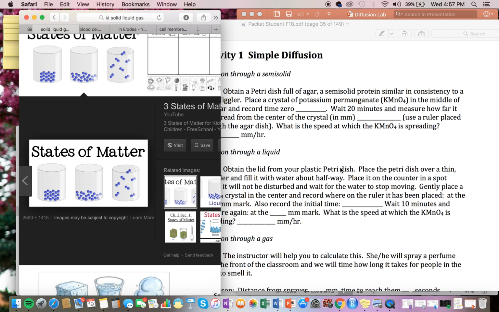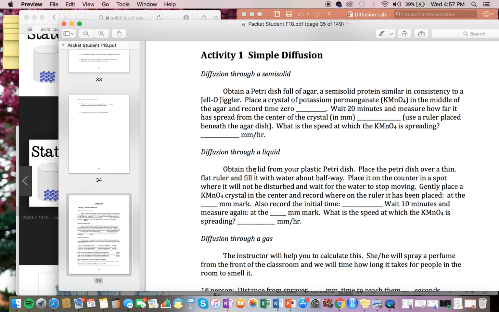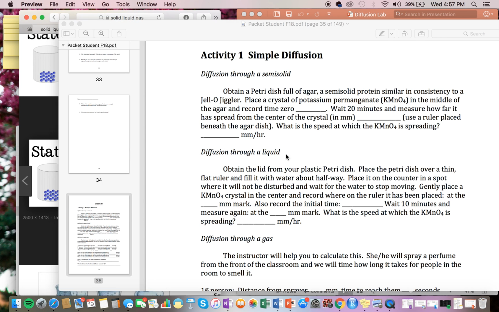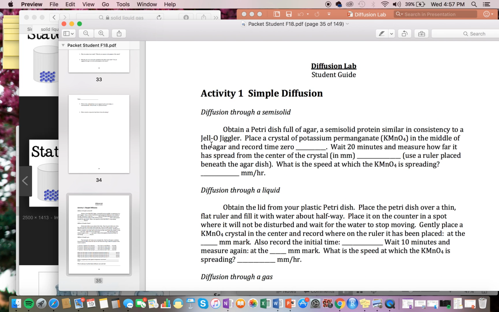Okay, so diffusion through a liquid, that should have been the next easiest. Because there is still some gaps between these liquid molecules, but not a ton, so that's why it's a bit less than the gas. All right, and semi-solid, so that's your agar dish. You put in the KMnO4, and you put that at the center, and you measure the difference in the speed.